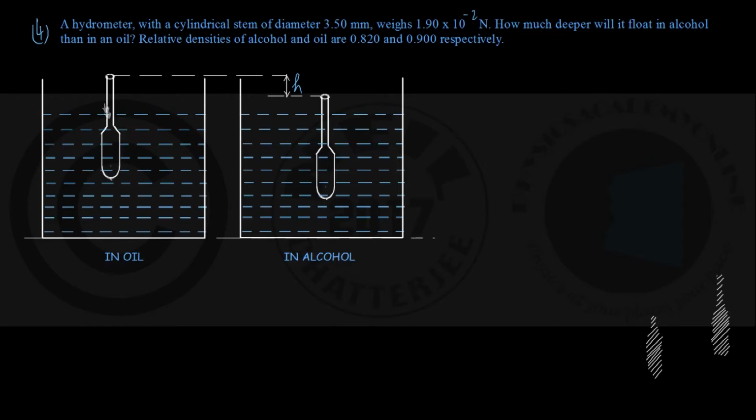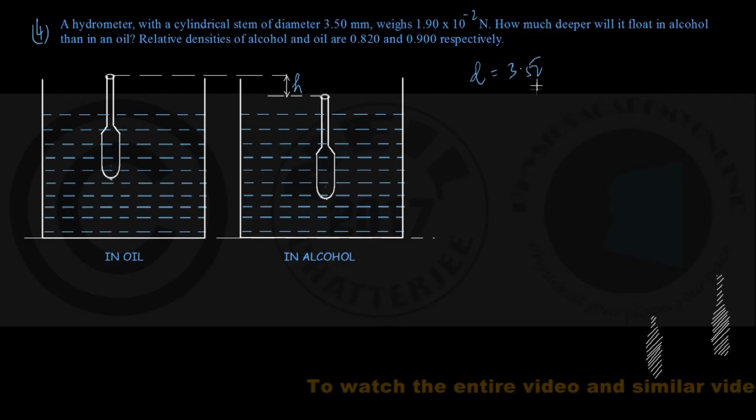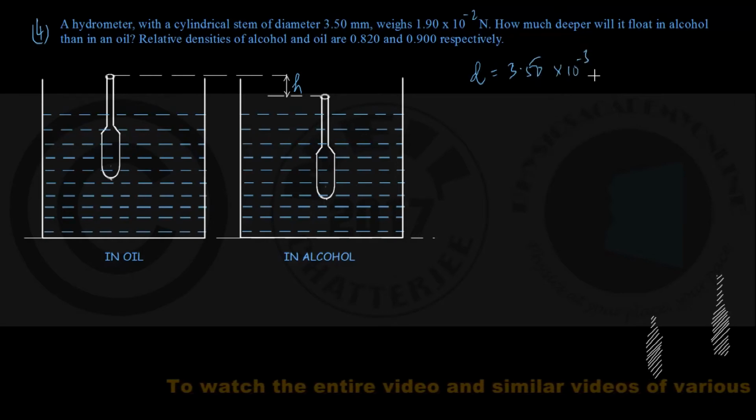For the hydrometer, the cylindrical stem that is sticking out of this liquid surface, its cross section is circular of diameter d equal to 3.50 millimeter, means 3.50 × 10^-3 meter in SI unit.